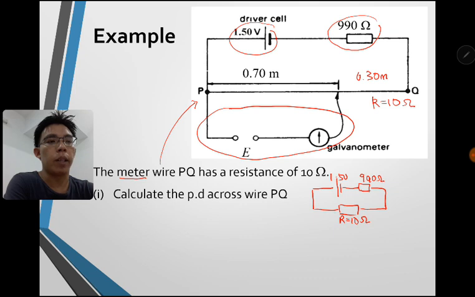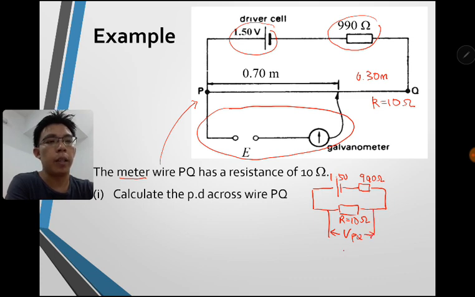Okay, so it looks much simpler when I draw it this way, 990 ohm and 10 ohm in series. So very clearly this is going to use the potential divider rule if you are looking for the PD across the wire PQ. This is the VPQ that the question is asking for.